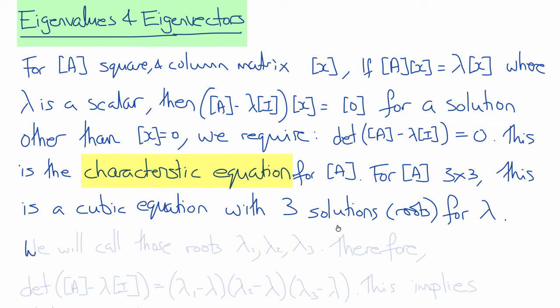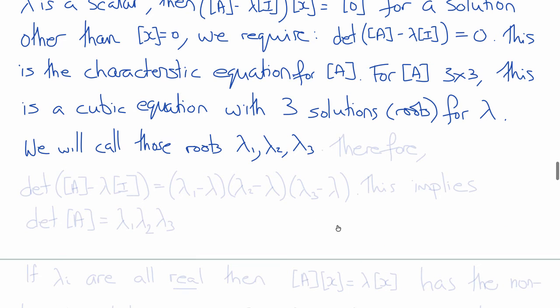So knowing that lambda 1, lambda 2, lambda 3 are the roots of the characteristic equation, we can write that the characteristic equation must look like (lambda 1 minus lambda)(lambda 2 minus lambda)(lambda 3 minus lambda). If we look at the constant term in this, we could deduce that the determinant of A must actually be the product lambda 1 lambda 2 lambda 3.